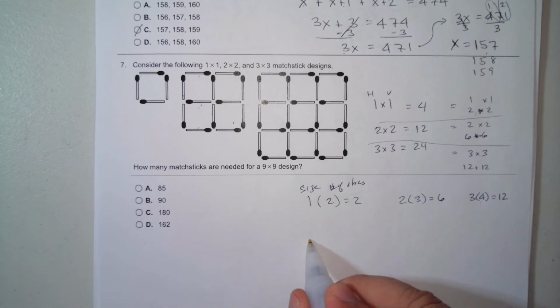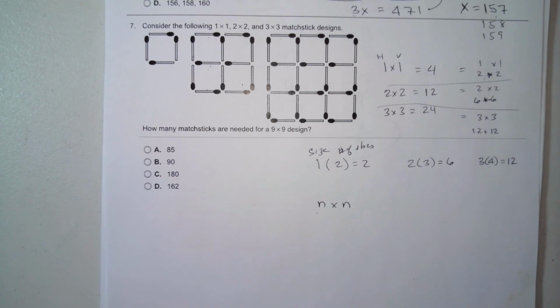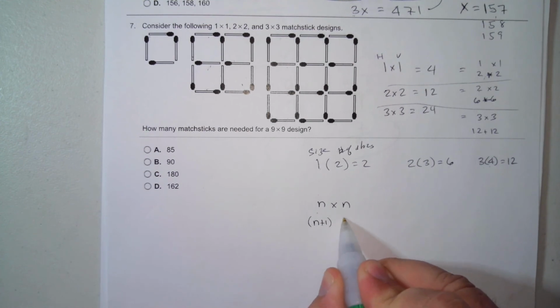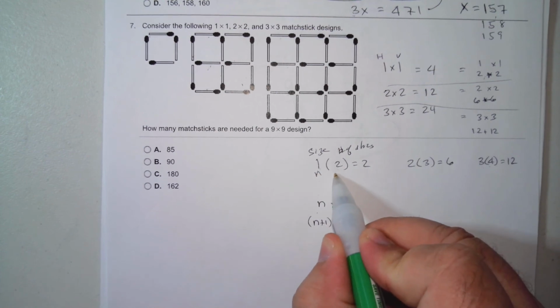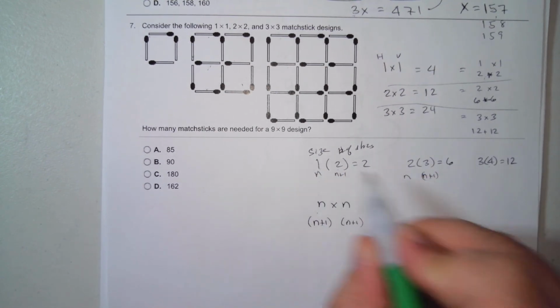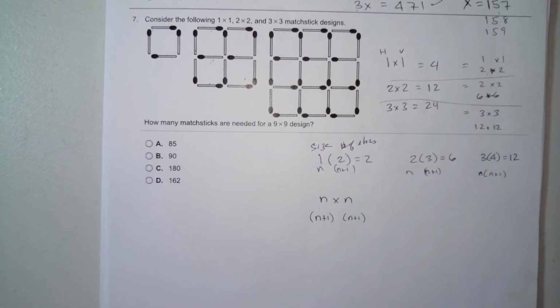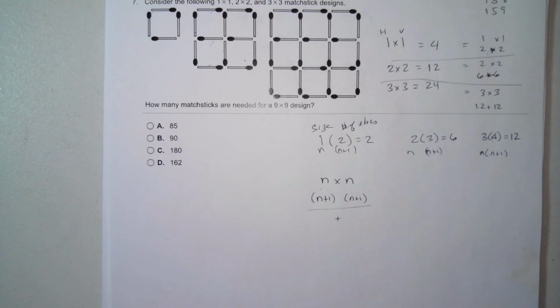So whatever the n times n matrix is, this is n, this is n plus 1. This is n, this is n plus 1. And then we multiply them and add them together.